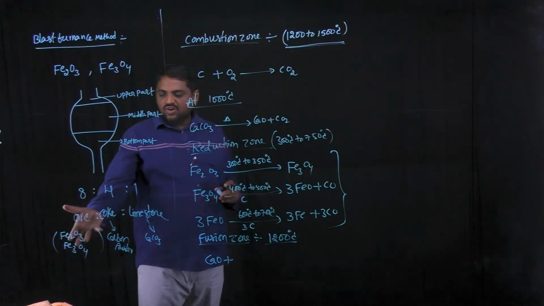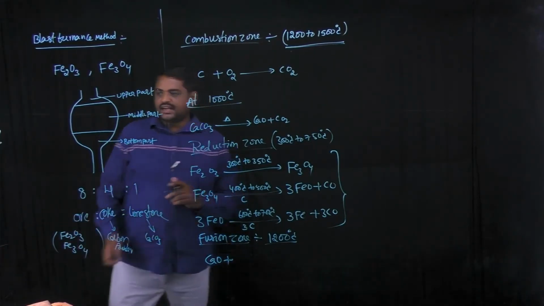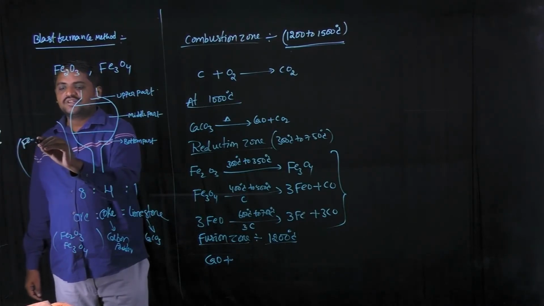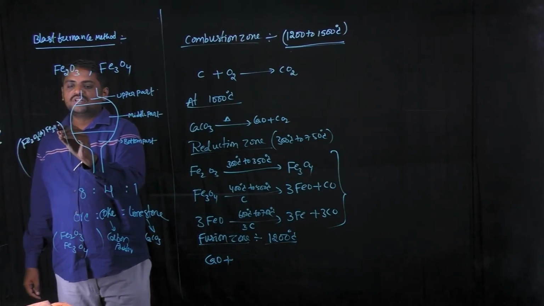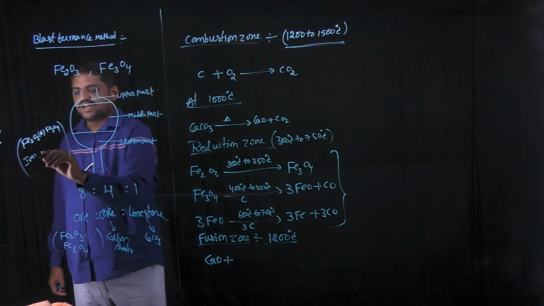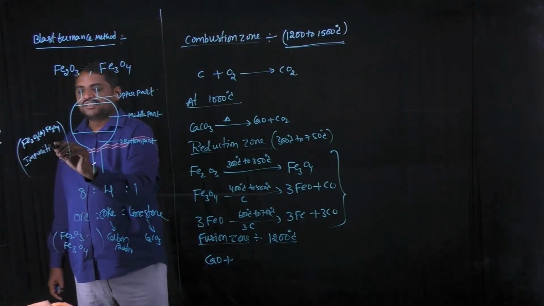So in this ore, generally the iron oxide contains some impurities. Fe2O3 or Fe3O4 are the iron ores. The impurities are SiO2, Al2O3.